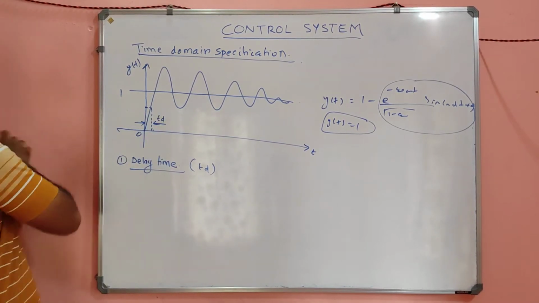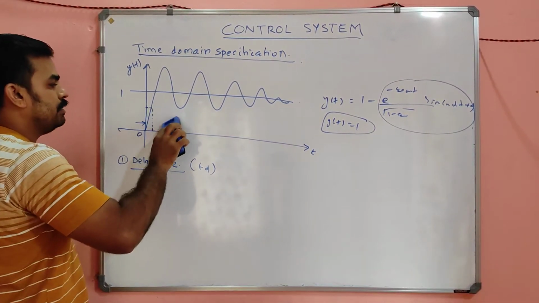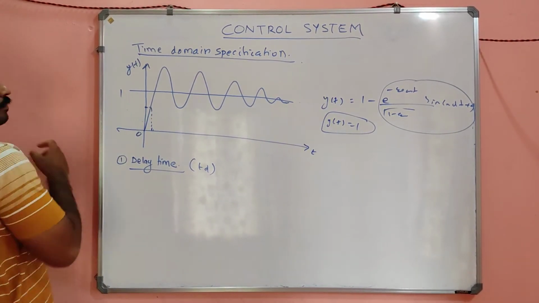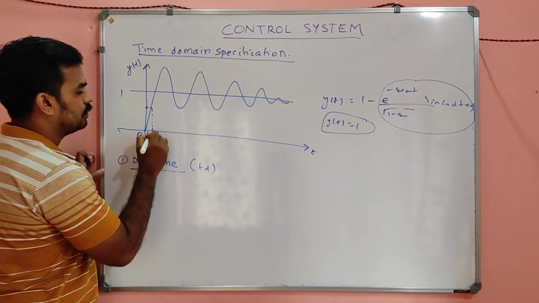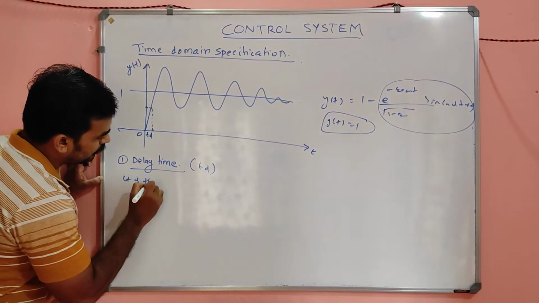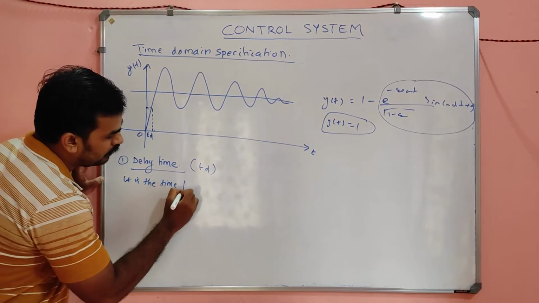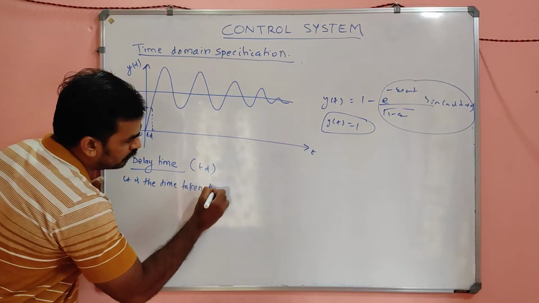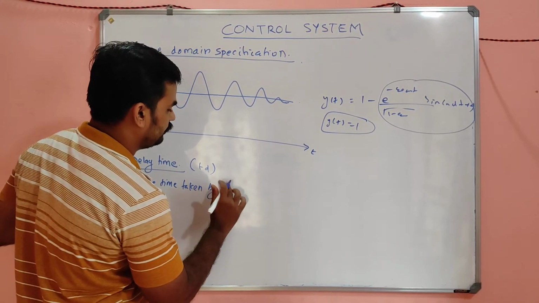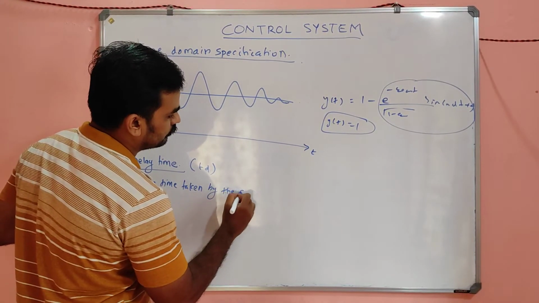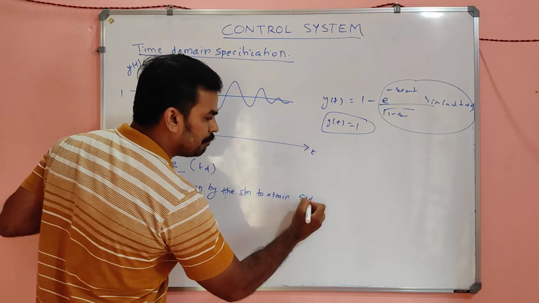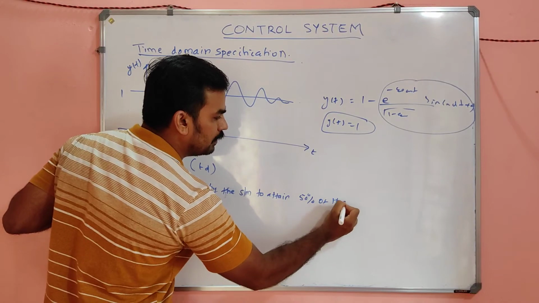If I write this, it will be more and more complicated. Simply I marked here. Okay, I will write here. TD. It is the time taken by the output, by the system, to attain 50% of the final value.